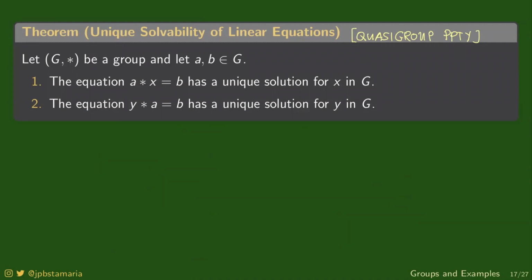What linear equations is it talking about? It says A times X is equal to B, or Y times A is equal to B. Do you see the unknowns? Our unknown here is X, and here it is Y. These two are different because the first unknown is on the right, while the second unknown, Y, is on the left. Remember, in a group you have to distinguish left multiplication from right multiplication because we do not assume the commutative property.